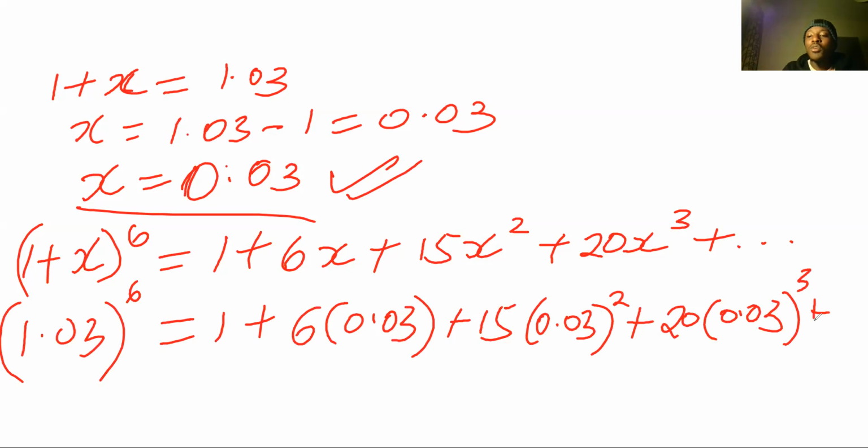I hope you'll allow me. I've not done these sums before, so just doing them for the first time here. So I have to use my calculator to get that answer. So should you in your exam. So that is 1 plus 6 times 0.03 plus 15 times 0.03 squared.